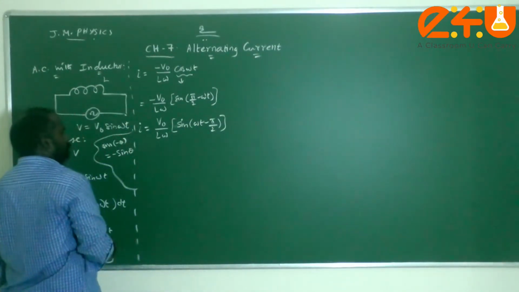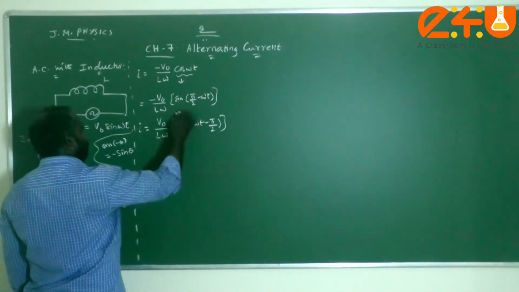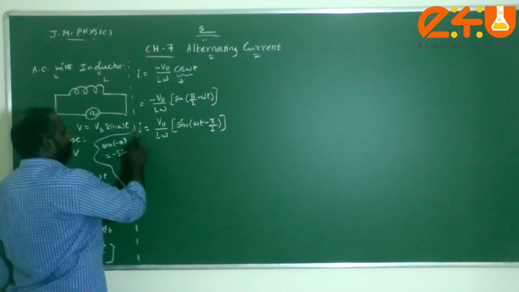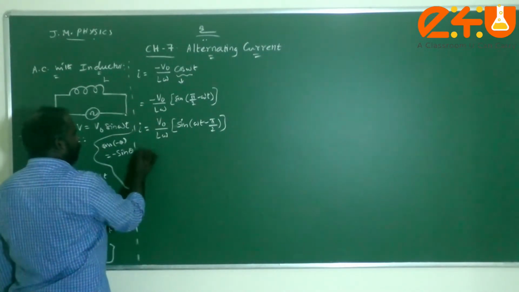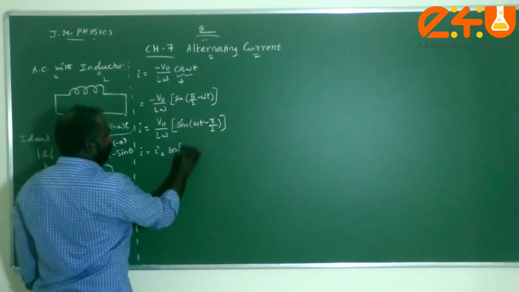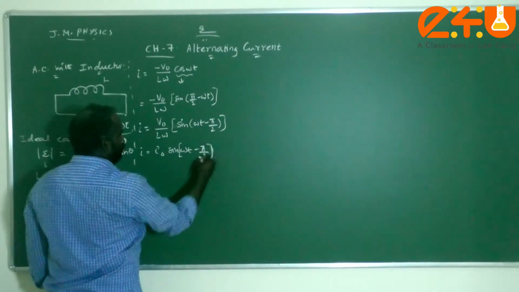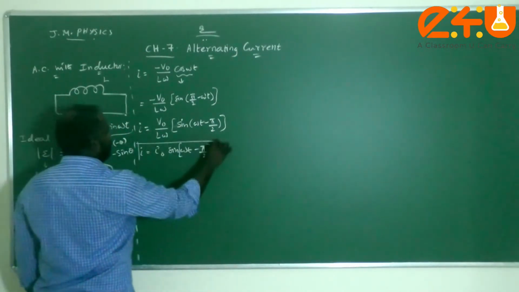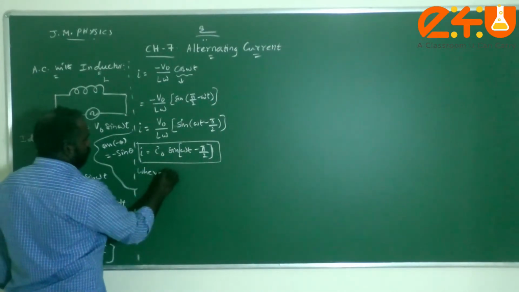As we said earlier, this is a dimensionless quantity, just a mere number, and the left side is current, so the prefactor should have the dimension of current. Therefore, I is equal to I naught sine of omega t minus pi by 2. This is the expression for the current.